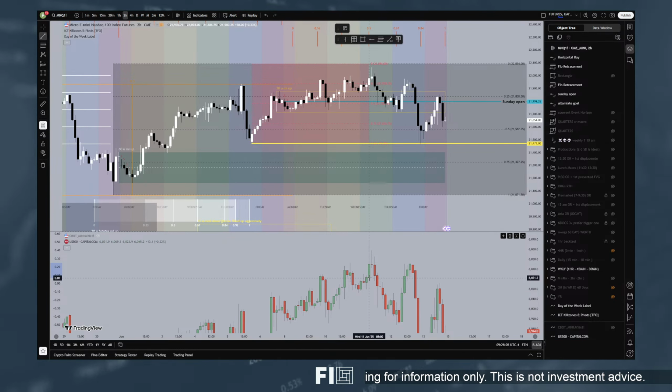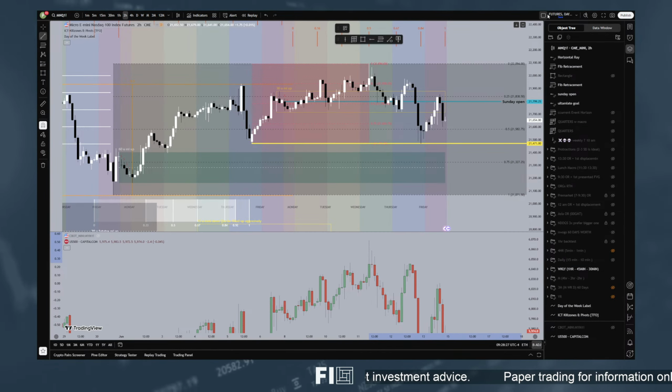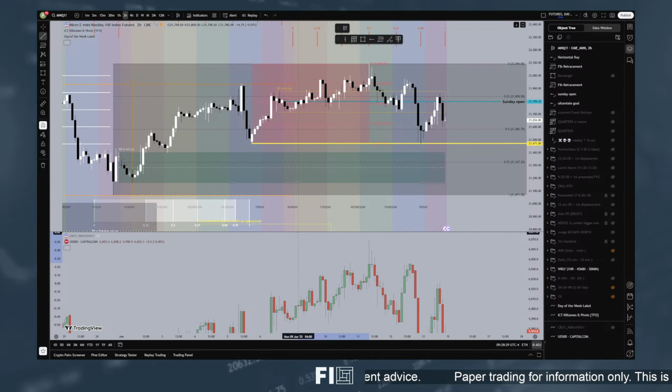You can't see it, but from the moment it closed. This is US 500 now. It closed at 6045.2, opened at 6045 flat. So kind of relative equal highs. Here we kind of broke up higher. And I know I'm comparing a CFD and a future contract, so bear with me here.